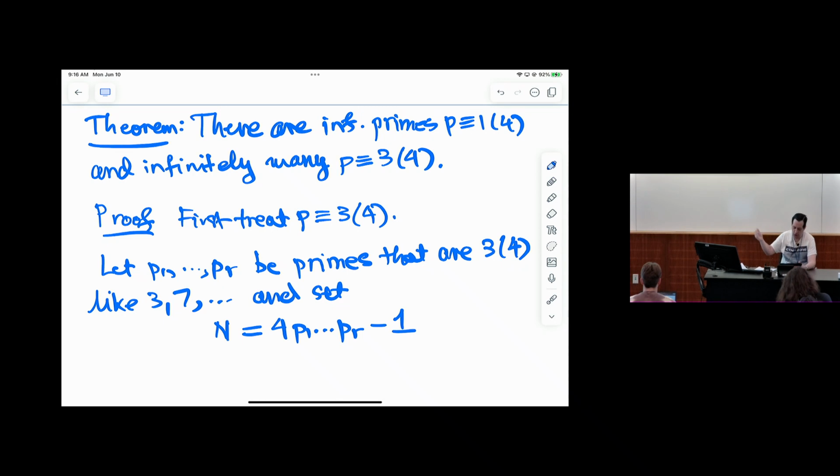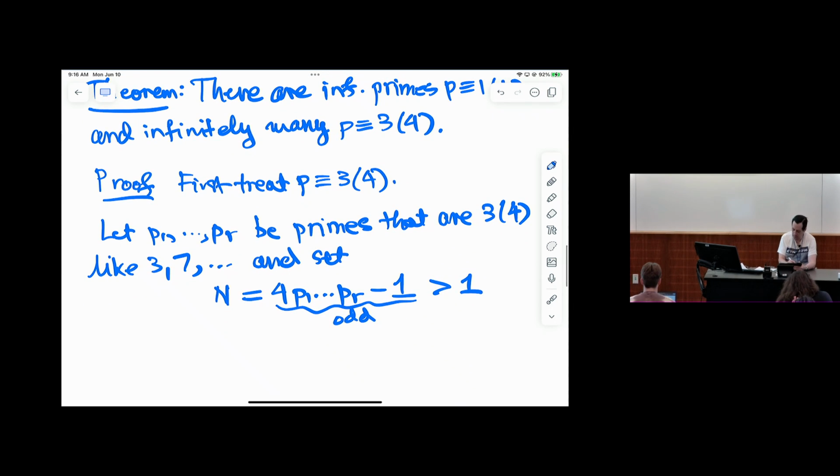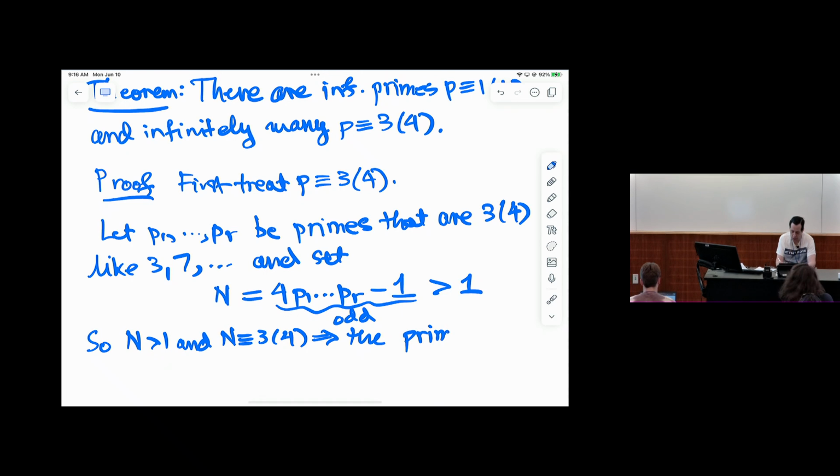Because there are such primes, our list is not empty, so this number is a positive integer. And because the first term has a factor of 4, the whole thing here is odd. Let's observe also that n, if you reduce it mod 4, is 3 mod 4, and it's a positive integer. And so what that means then, because it's odd, its prime factors are odd, and the prime factors are not all 1 mod 4.